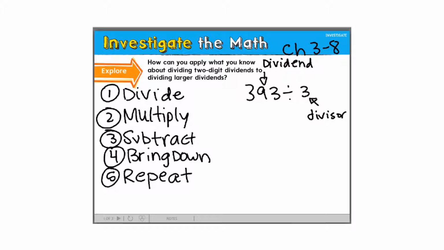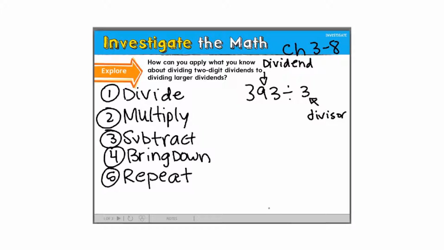And remember how I told you before when we did long division that the dividend always goes underneath the bar, and the number that is the divisor goes on the outside of the bar. So that's something that you're also going to need to remember. You don't want to mix those numbers up.